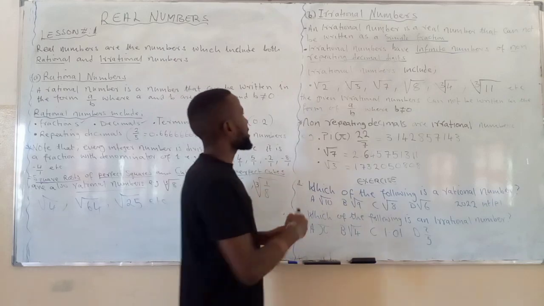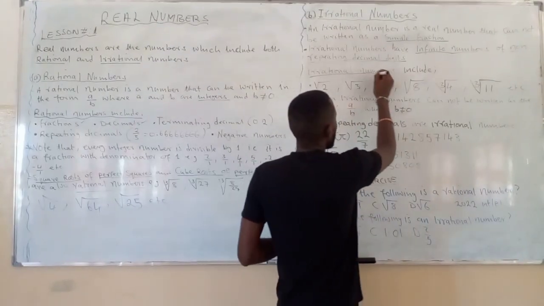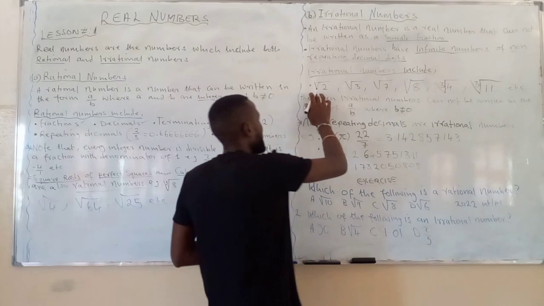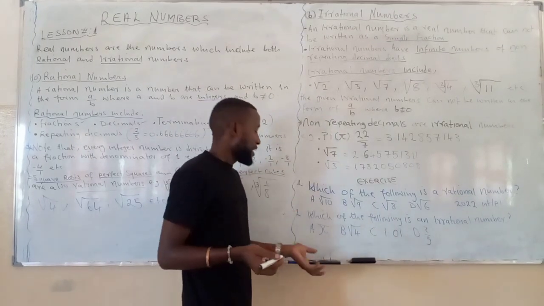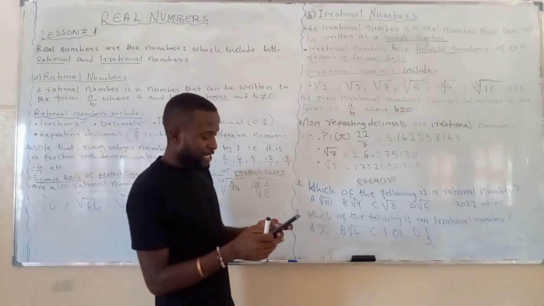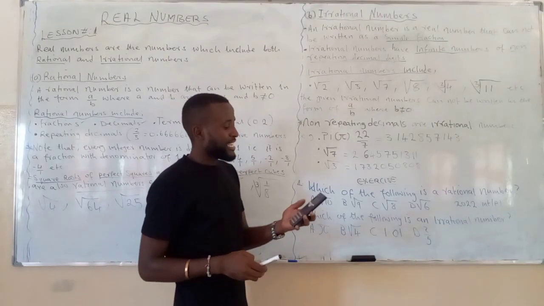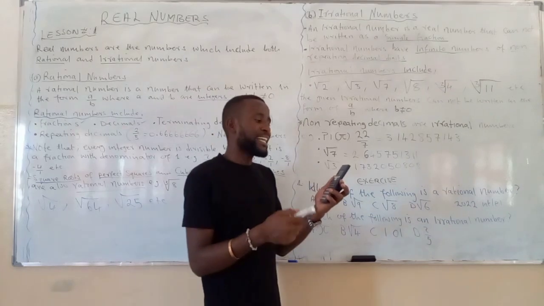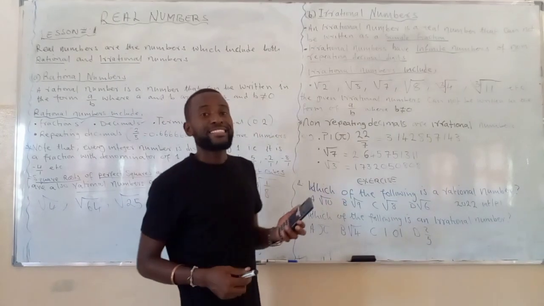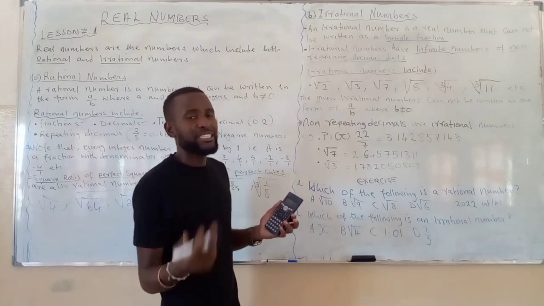Now, let us look at some examples of irrational numbers. We have the square root of 2. If you use your calculator and find the square root of 2, you are going to discover that you have 1.4142135 and so on. They are not repeating. They are not the same.